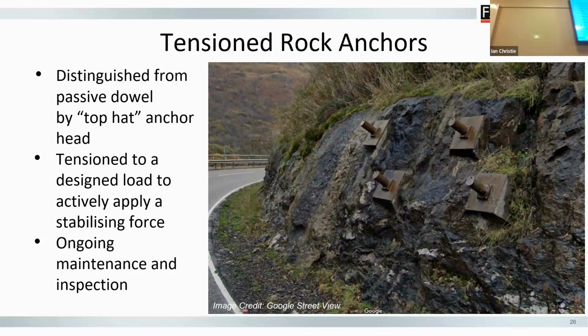And then when you attach the head configuration, you're going to be actively applying a tensional force on those cables. And what that will do is essentially you are squeezing that block up against the rock slope, applying that stabilizing force.